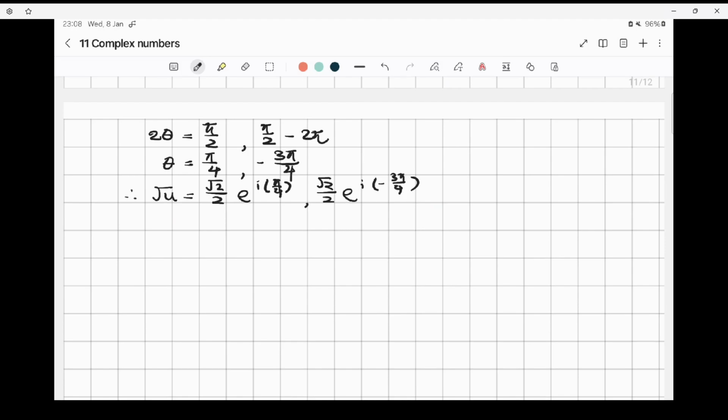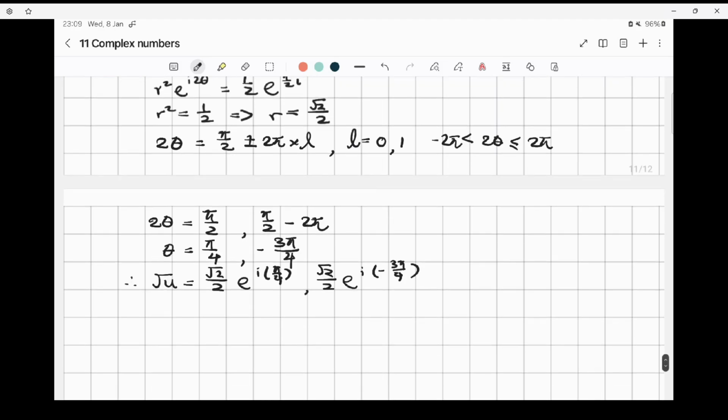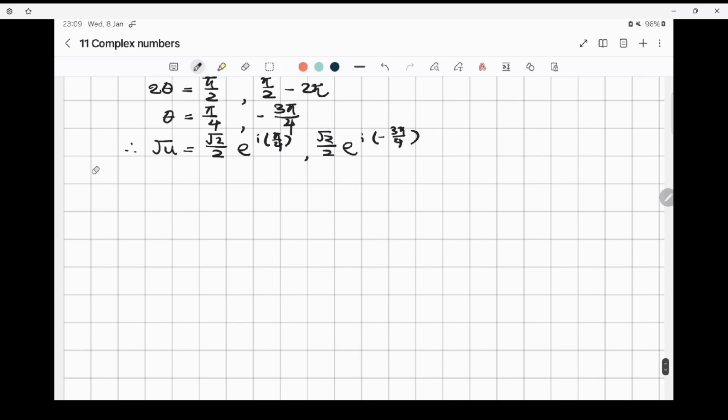So let's look at one more example. So this particular example looks like this. Part B. So let u be 7 plus 6 root 2 i.